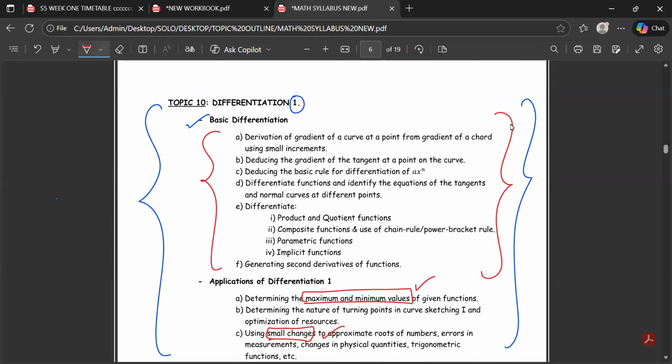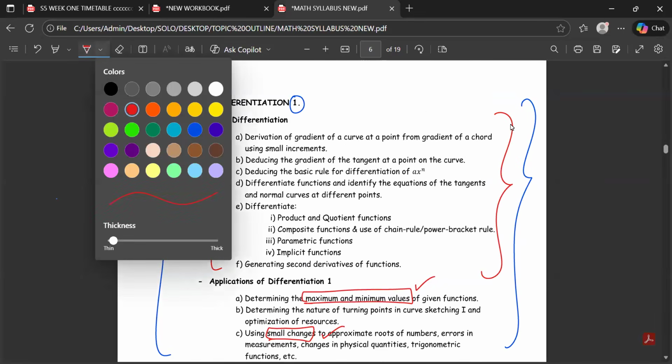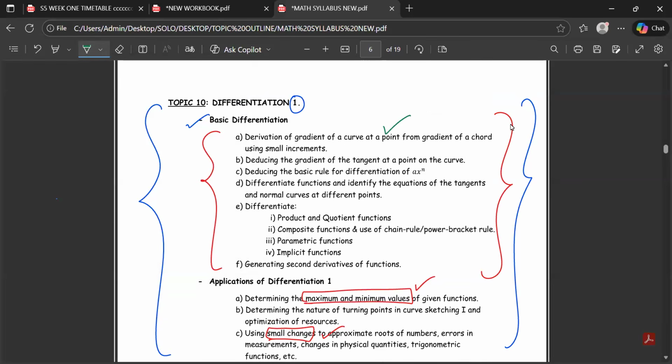Under the basics, as you can see, you're supposed to derive the topic. You're supposed to talk about the gradient of the tangent at a point. I think we did only one example, but we shall do more when the application comes up. Then deducing the basic rule, product and quotient, composite functions and chain rule, parametric, implicit, and generating second derivatives.